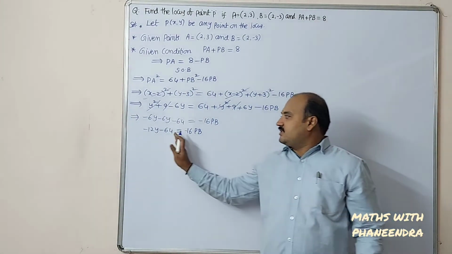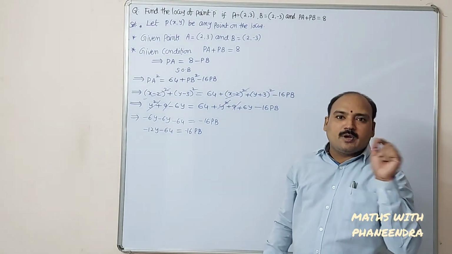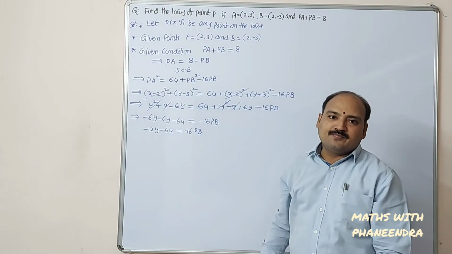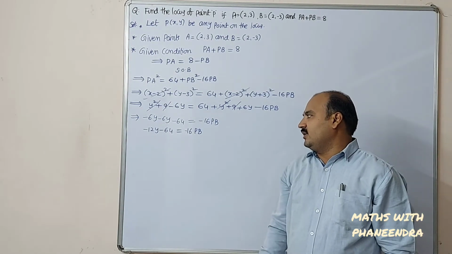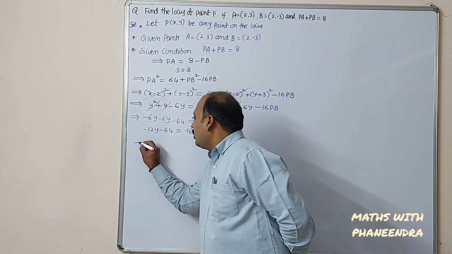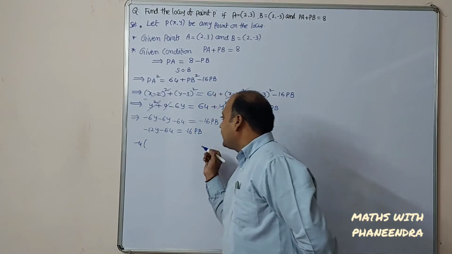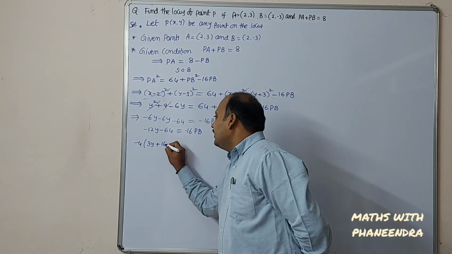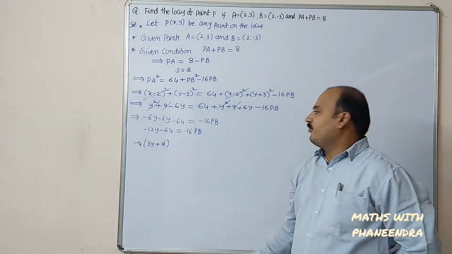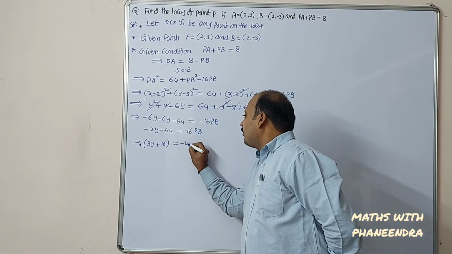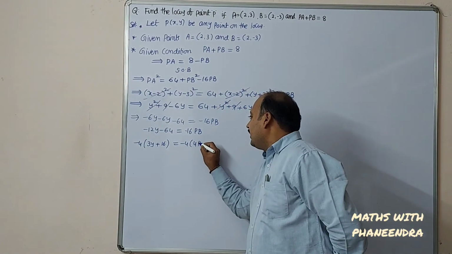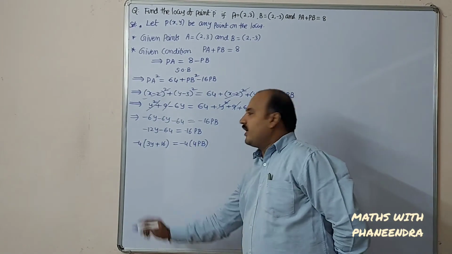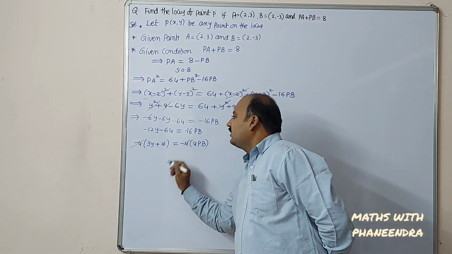So 16, 64 and 12, what is the common multiple? Minus 4 only, there is no other possibility. So minus 4 take out common from left side as well as right side. So 3y plus 16 is equal to minus 4 into 4 PB. Minus 4 on both sides we can cancel.